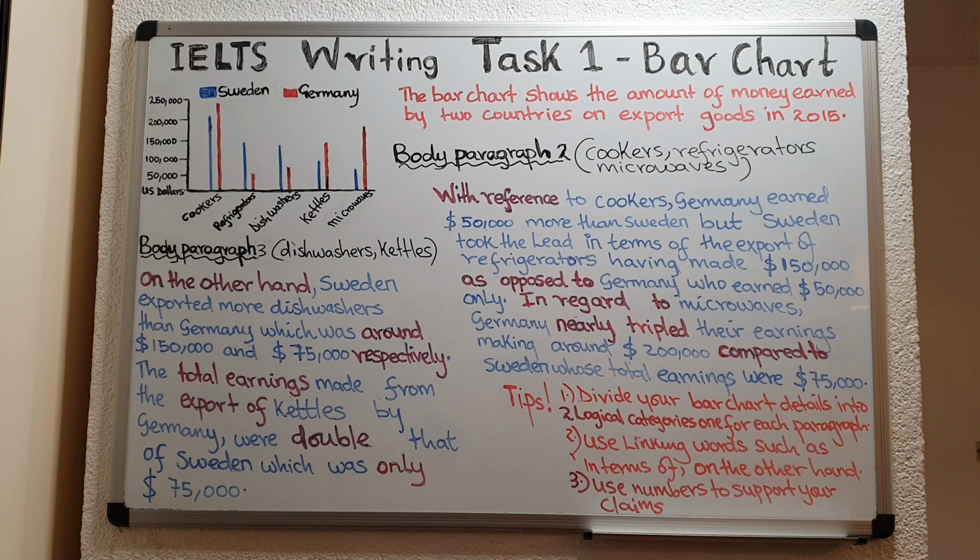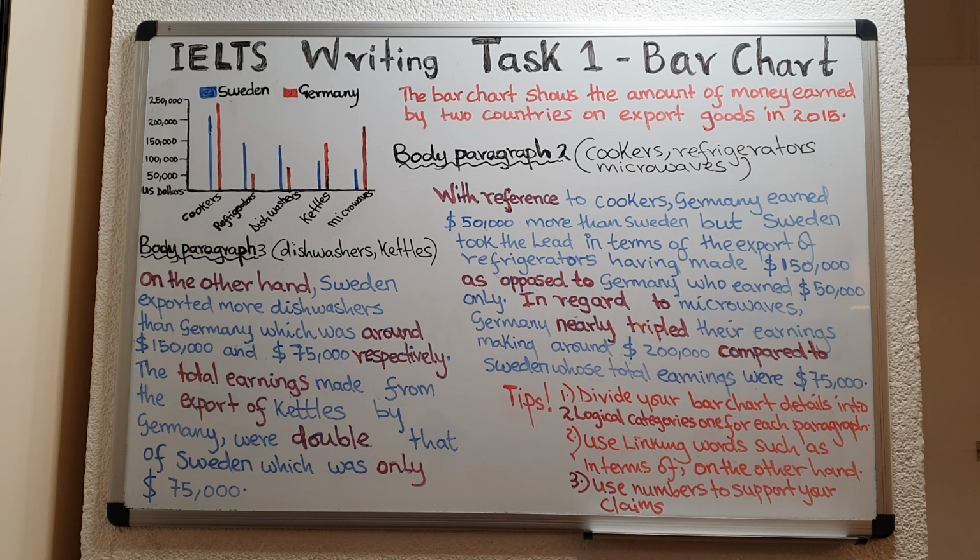For example, in our case, we have cookers, refrigerators, dishwashers, kettles, and microwaves. So we can divide our paragraphs based on the items or the goods that were exported in 2015, because the bar chart shows the amount of money earned by 2 countries on export goods in 2015.